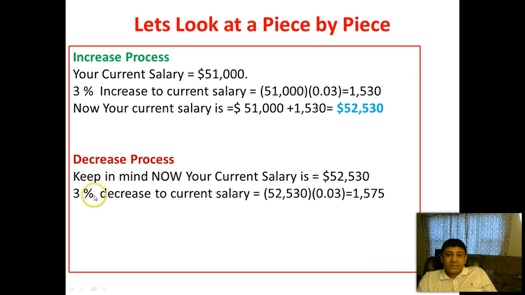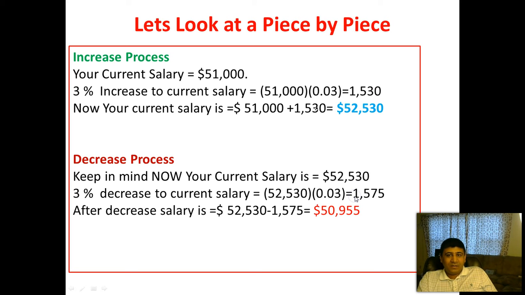So a 3% decrease of the current salary means this number multiplied by 3%, and they want to take away 1575. They gave you 1530 and they want to take away 1575. That's not fair. So after the decrease, your salary will go down to $50,009.55, about $50 less than what you were making before this whole increase and decrease thing started.